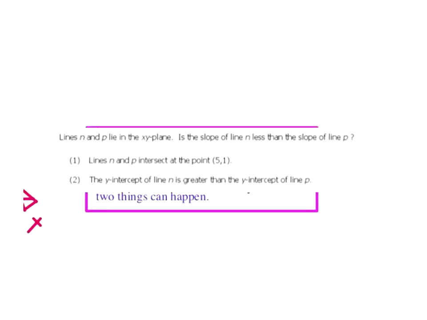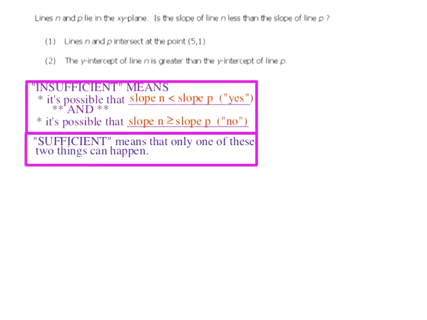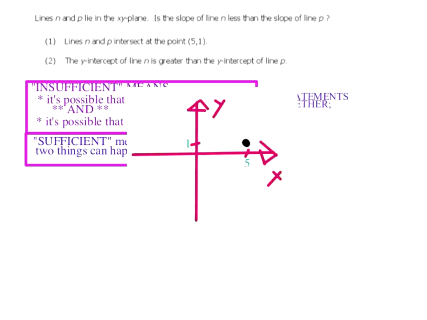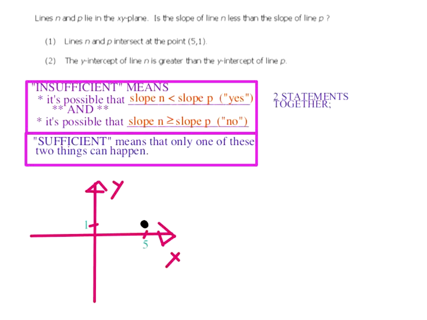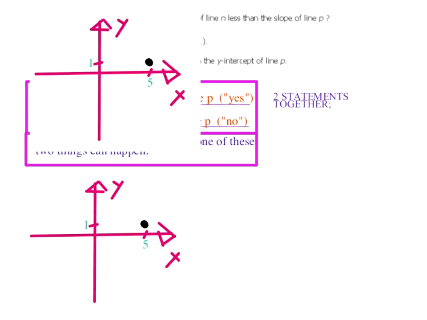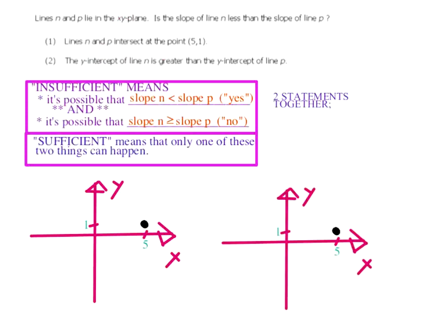So, the two statements, not by themselves, taken together. The two statements together. We know that we have to go through the point 5, 1. Conveniently, we still have that graphic from before.